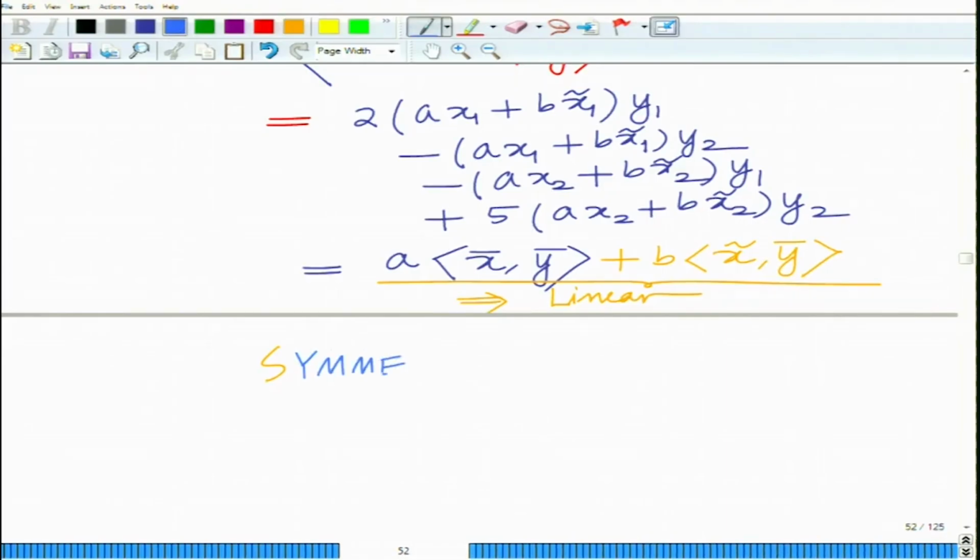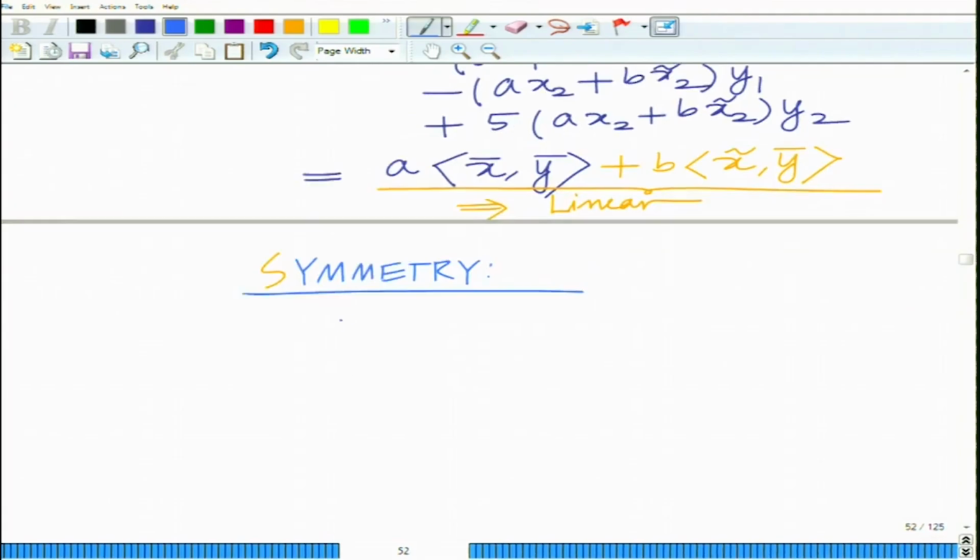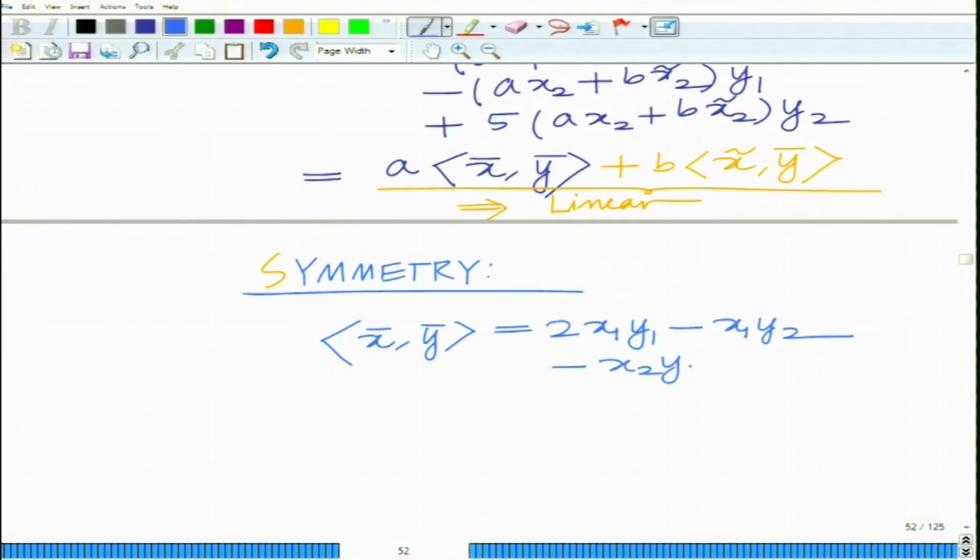Coming now to the aspect of symmetry, you can see that x bar, y bar is equal to twice x1 y1 minus x1 y2 minus x2 y1 plus 5 x2 y2.